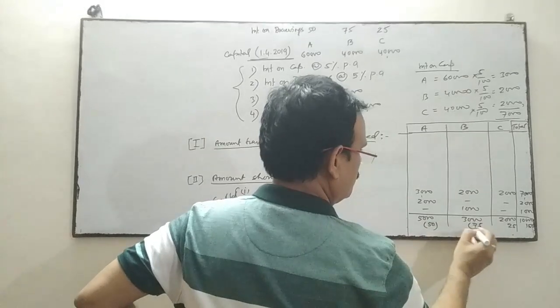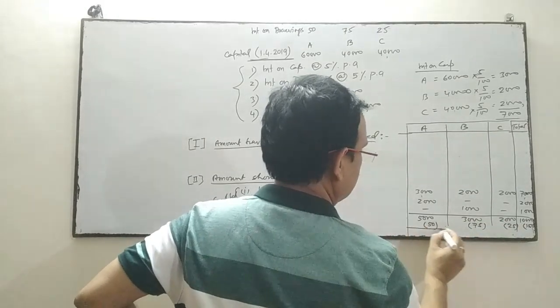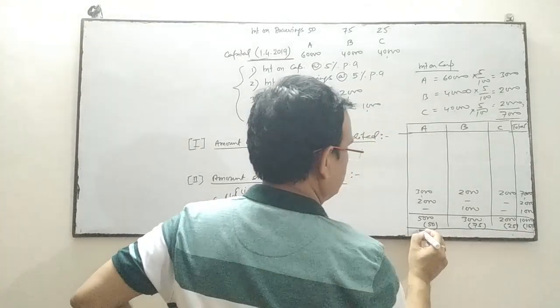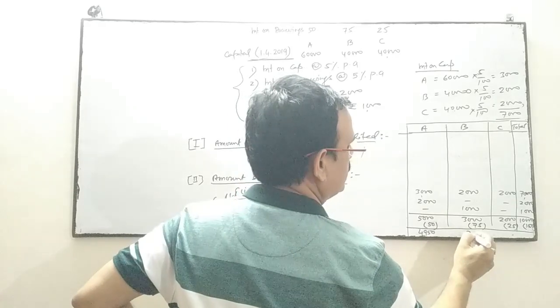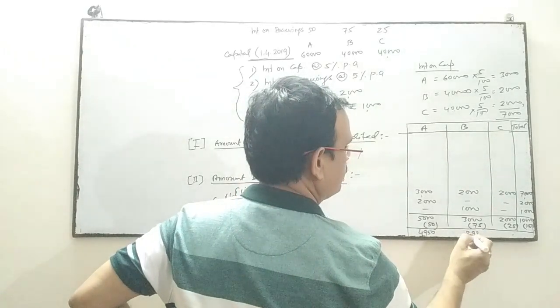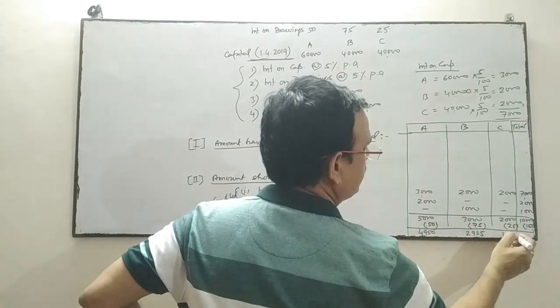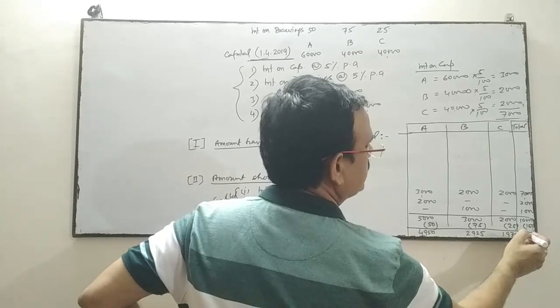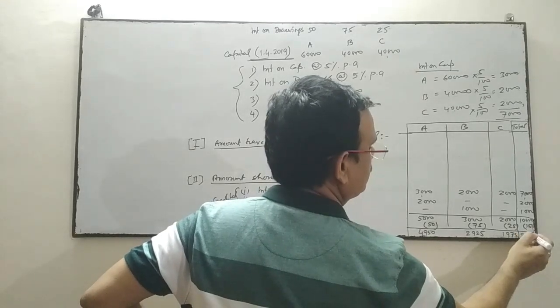Deducted, to find out the net amount credited: 4,950, 3,925, 2,975, and in total it is 9,850.